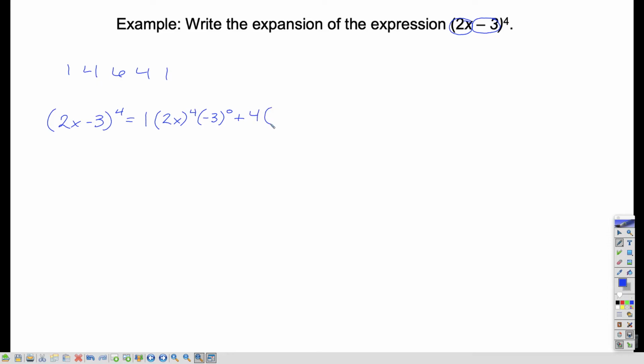First term, 2x to the third. Second term, -3 to the first. Coefficient 6, first term to the second, -3 to the second. Okay, are my exponents adding to 4 every time? Yeah.